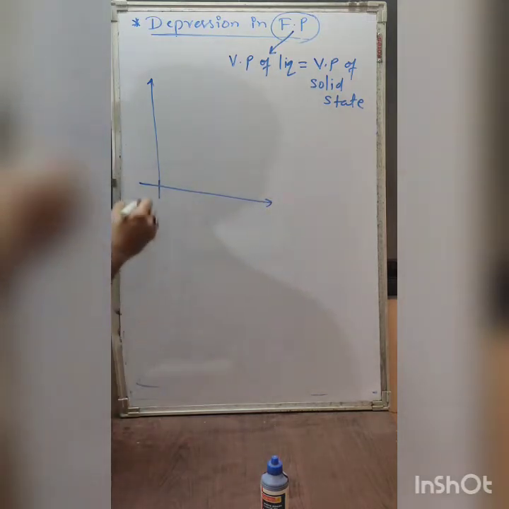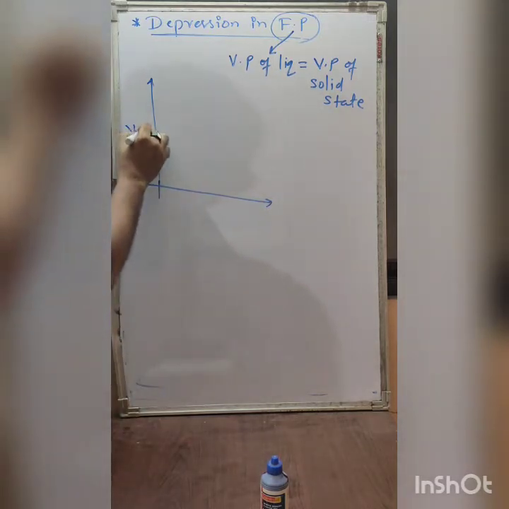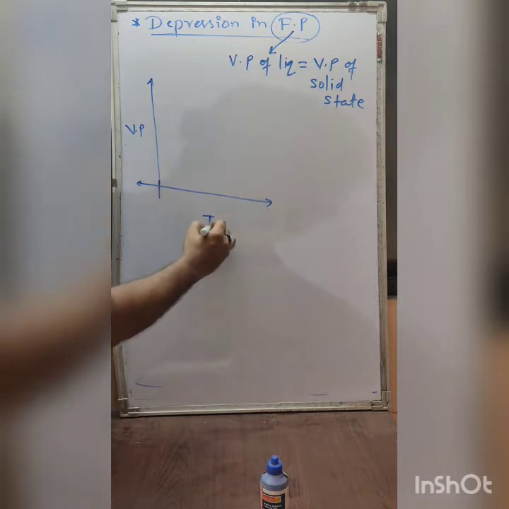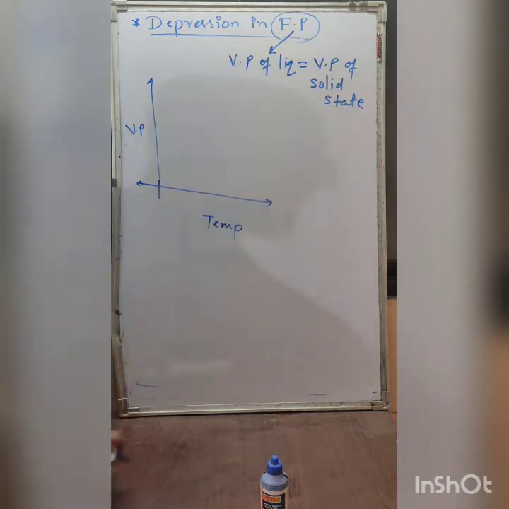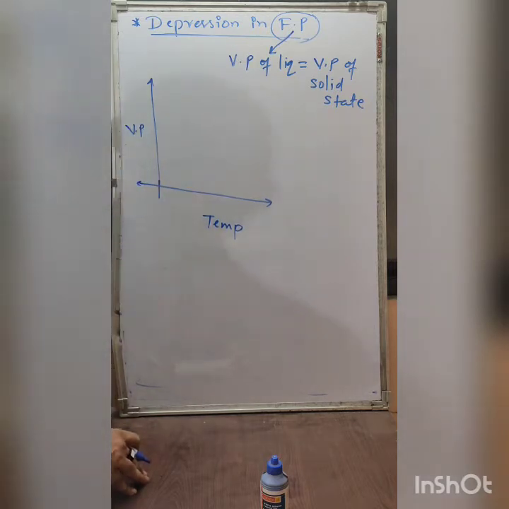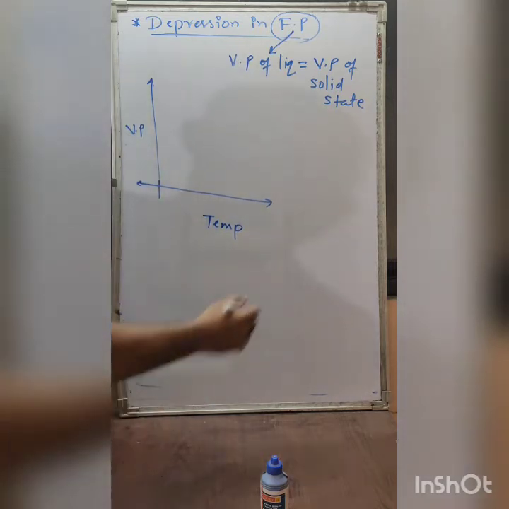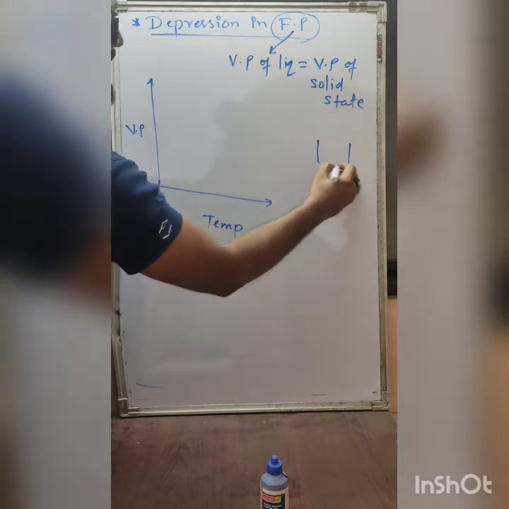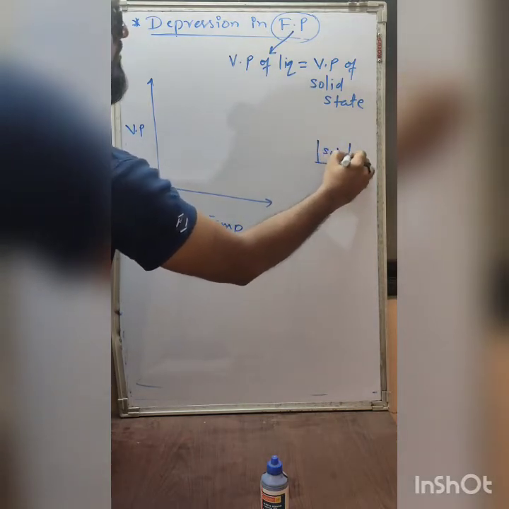I have taken two axes. On the x-axis we have temperature and on the y-axis we have vapor pressure. Suppose I have taken a solvent.